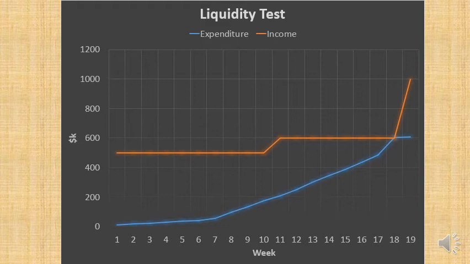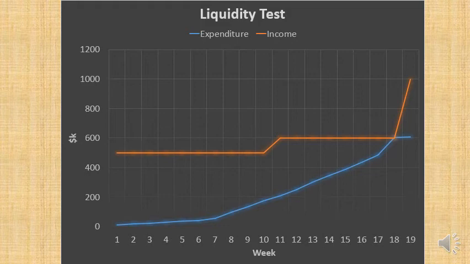You've got no liquidity and the project will go bust. So ideally you want to have a little bit of gap constantly between the orange line and the yellow line, the capital line and the expenditure line, because that gives you contingency in case something goes wrong.